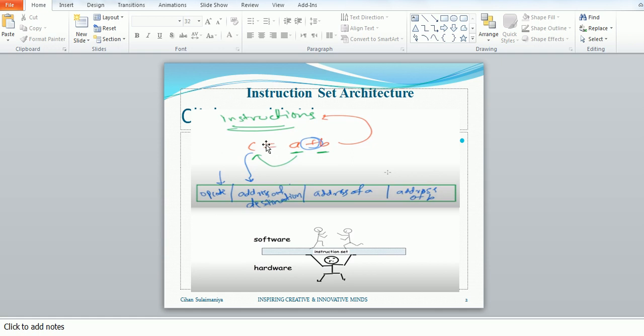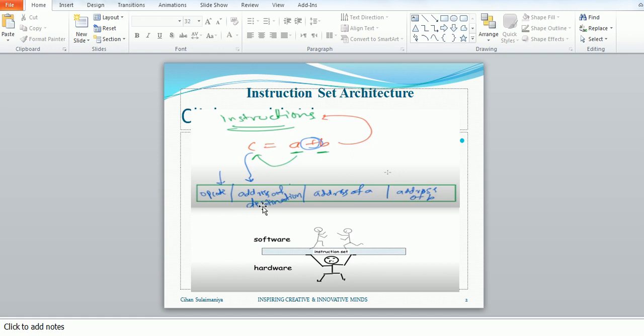So it is going to arrange the address of the destination. The address of the destination is the address where it is going to execute this formula. Thus, that is the simplest way to explain instruction set architectures.